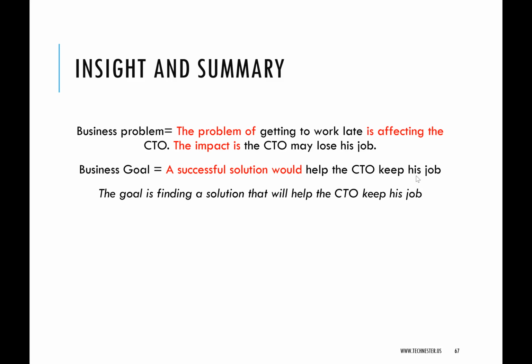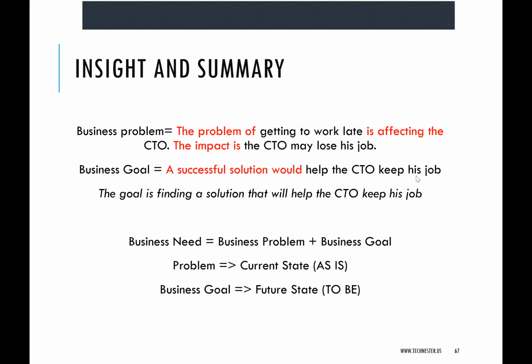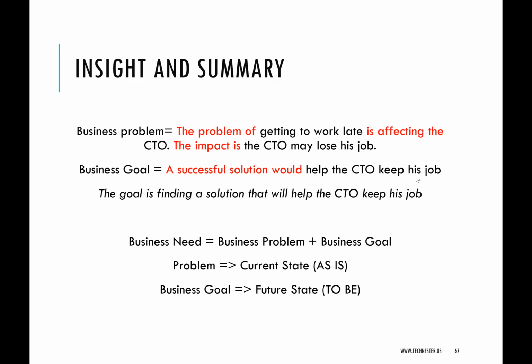So your business need is essentially your business problem plus business goal. That business problem is what helps us understand the current state of the organization. The business problem is what business analysts call the current state. So now we know where the organization is.